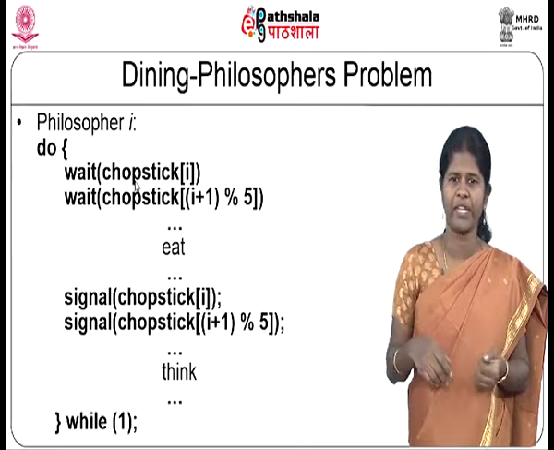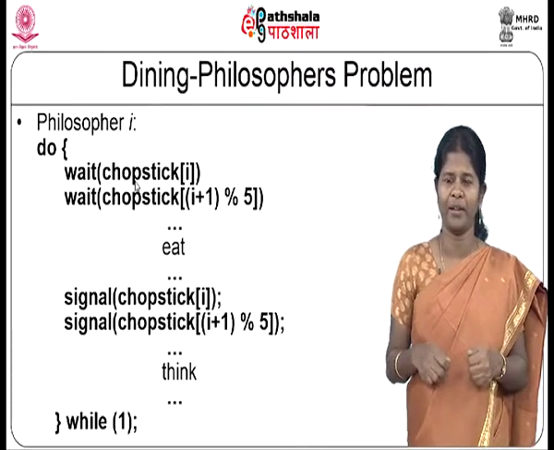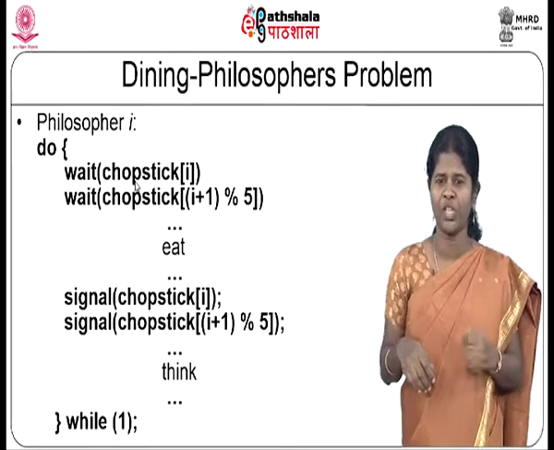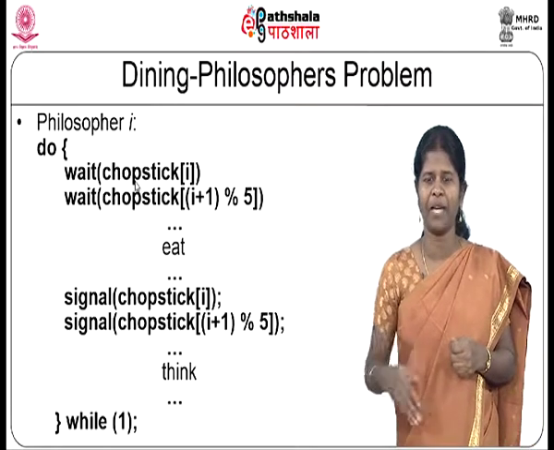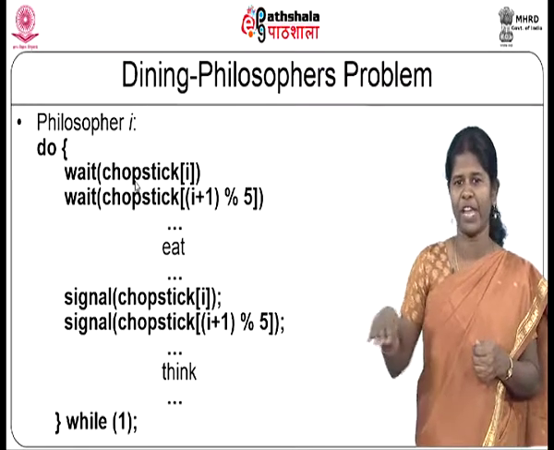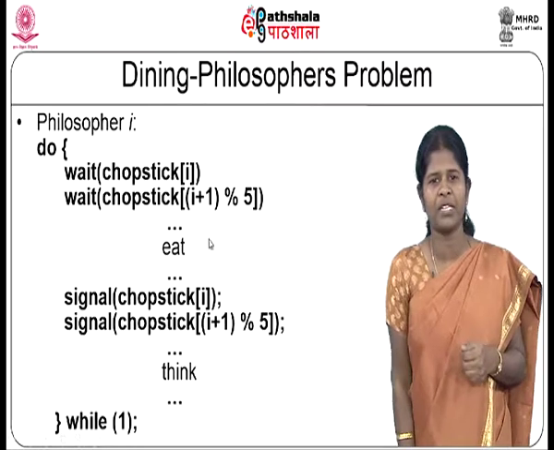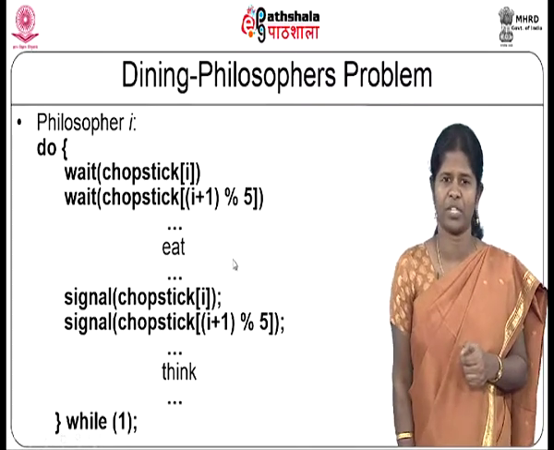All will try to lift the leftmost chopstick first and then wait on the rightmost chopstick. Now all will have one chopstick, the leftmost, but the rightmost chopstick will be held by the neighboring philosopher, because it is his leftmost chopstick. So all philosophers will keep on waiting continuously, and this may lead to a deadlock situation.